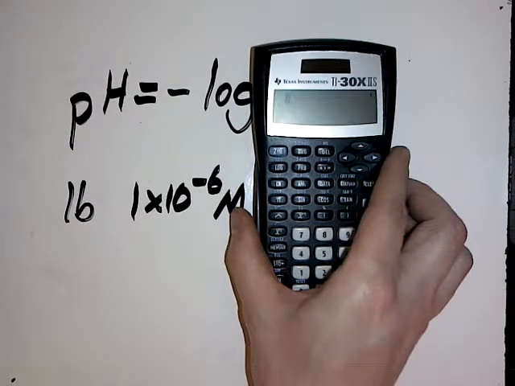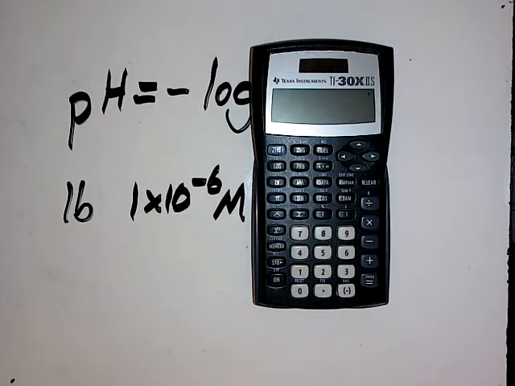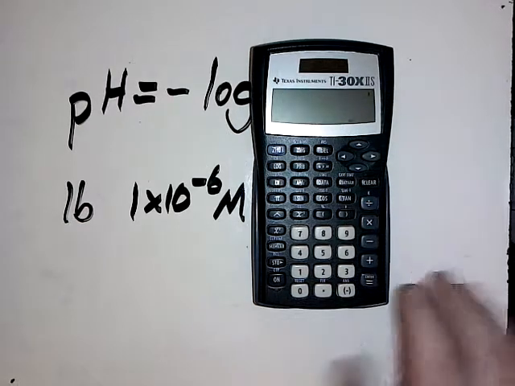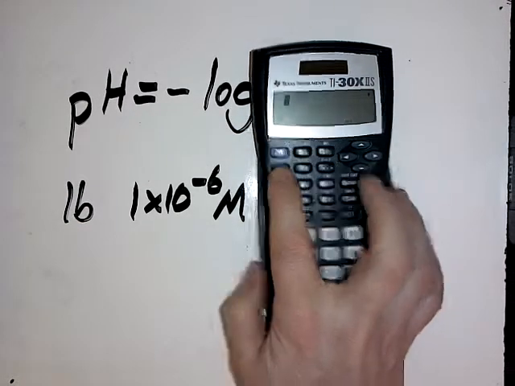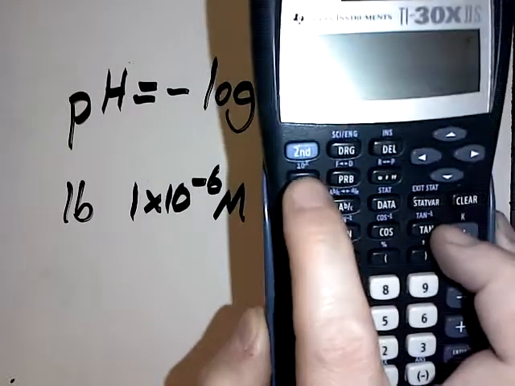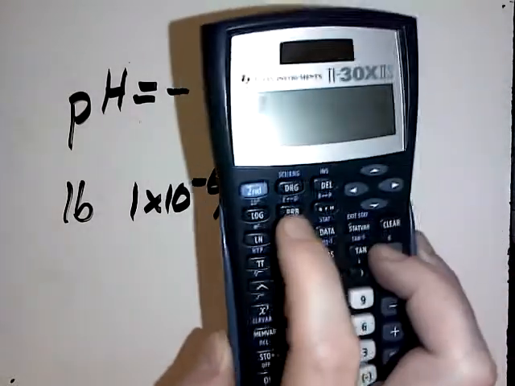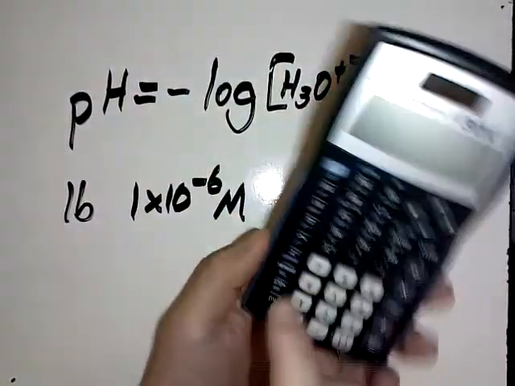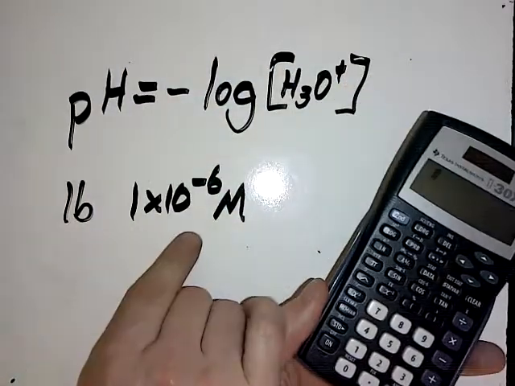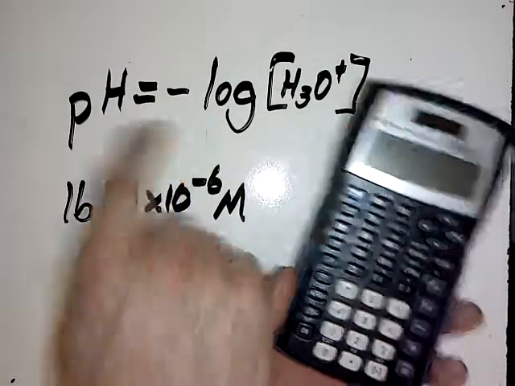Okay. So on the calculator, the logarithm button is, okay, there it is right there. It's the second button from the top. And so what I'm going to do is type in exactly what I've got on this. It's 1 times 10 to the negative 6th. I'm going to take the negative logarithm of that.